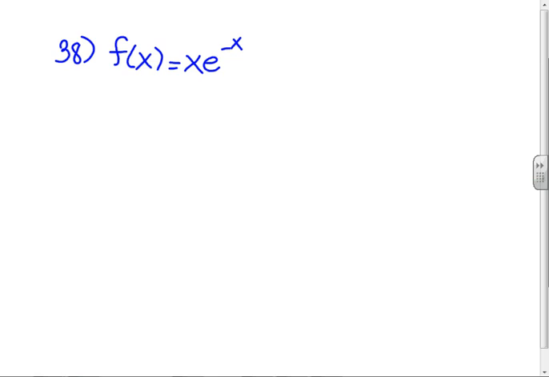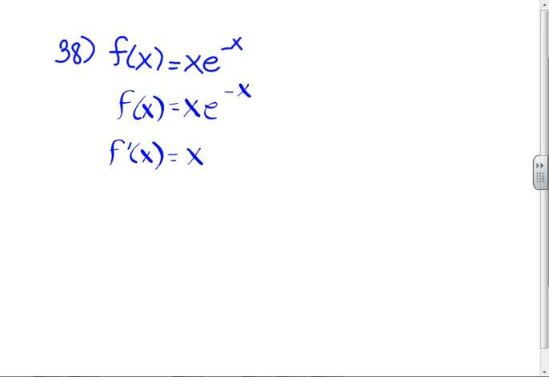Sometimes the second derivative is not nice. This one's not terribly bad, but it's not exactly easy. This is the second derivative. This is e to the x, e to the negative x. Okay, ready? Do you remember how to find the first derivative? Product rule?